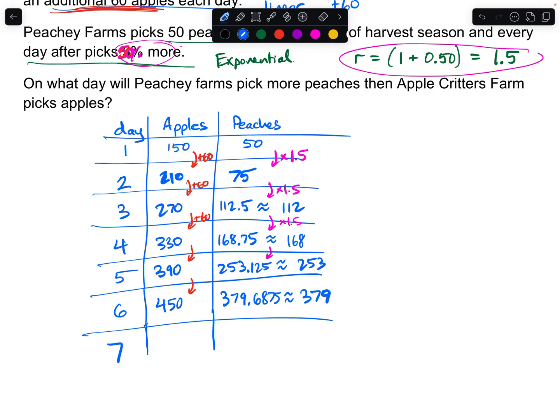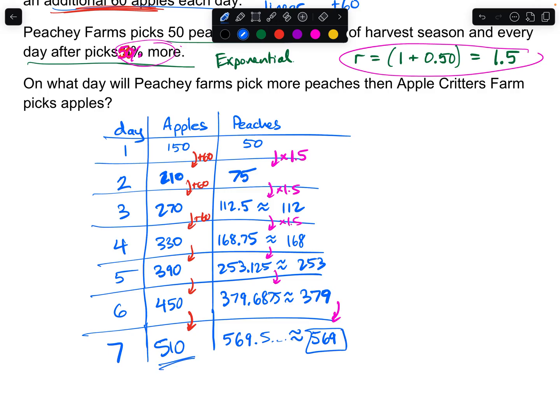On day 7, if I add 60 more apples, that means we'll have 510 apples. And then for the peaches, if we multiply 379 by 1.5 again, we'll get about 569.5 something. Again, just truncate that: 569 peaches.